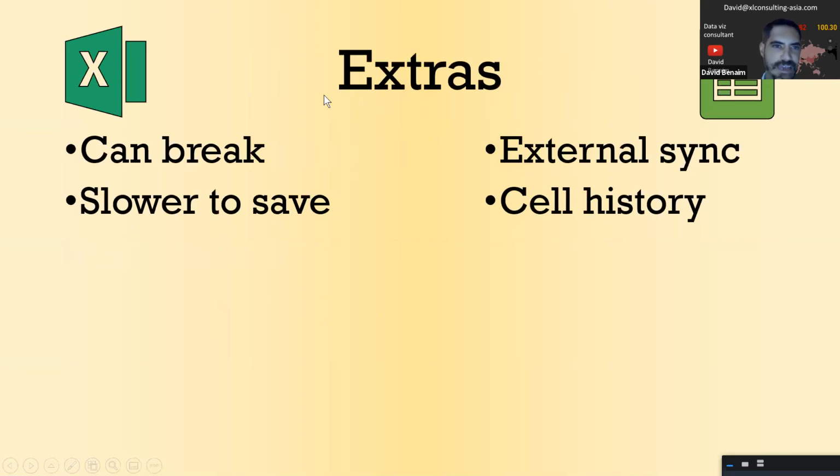So in terms of extras, I find that Excel saving it to the cloud can break and can be a little bit slower to save versus Google, where you can edit the cell history and can also do external sync.